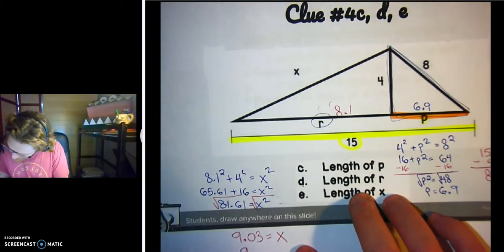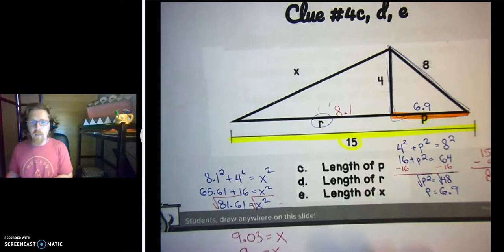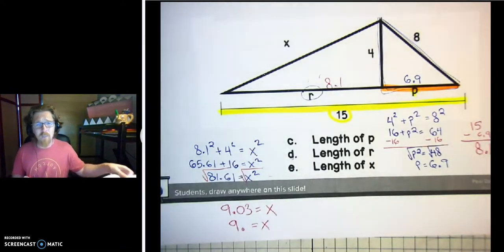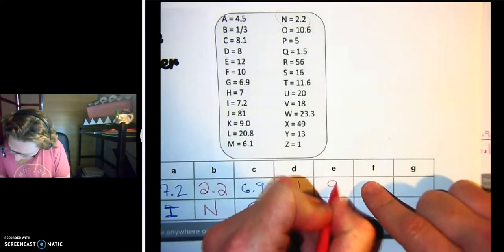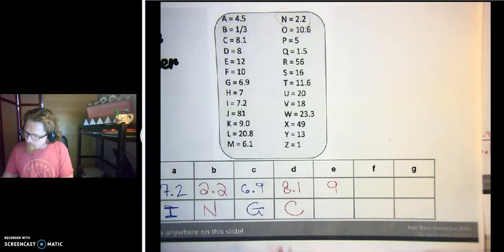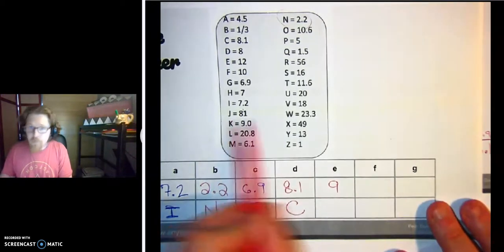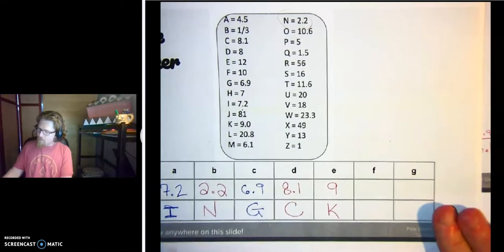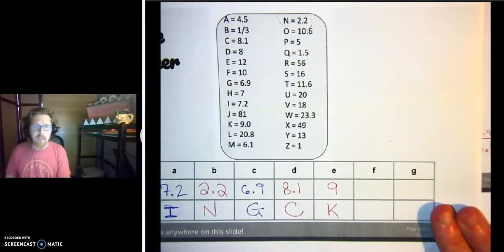And rounding that to the nearest tenth, it's going to be just 9. So looking up E, I get an answer of 9. I go to my code cracker, I can put in the number 9, and I find that 9.0 is connected to the letter K. So I, N, G, C, and K.